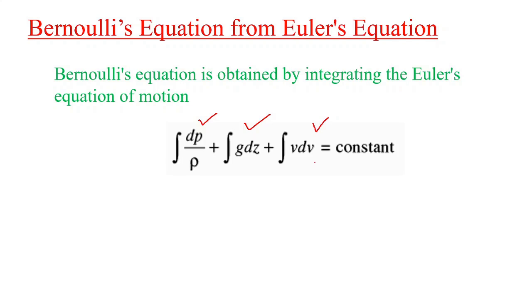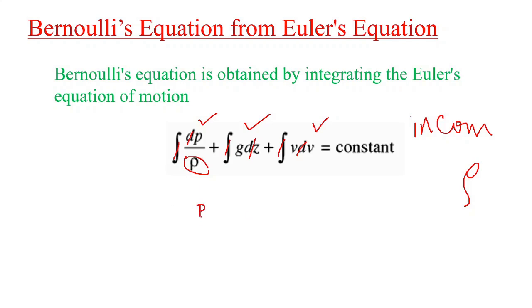But here in Bernoulli's equation, we also have one condition, that is the flow should be incompressible. I already told you, when the flow is incompressible, rho is constant. So if rho is constant, then integration and differentiation cancel.